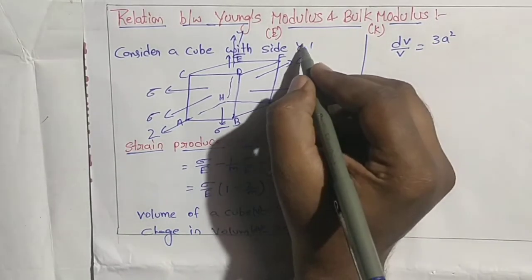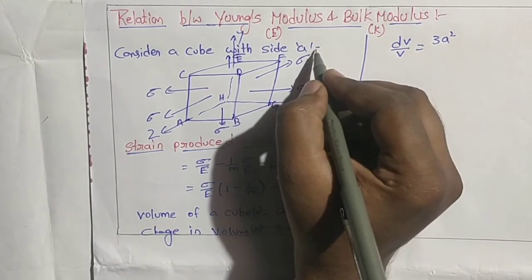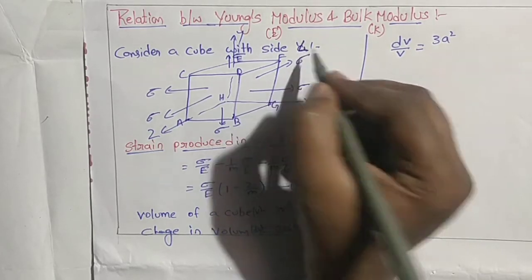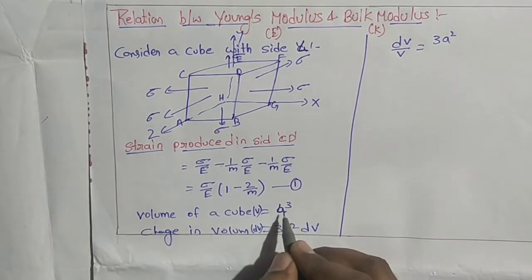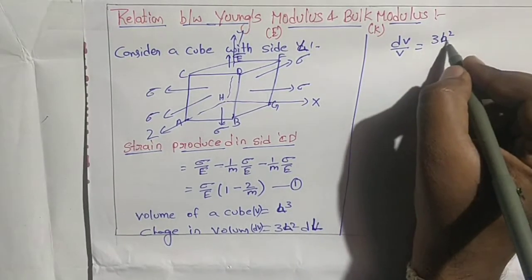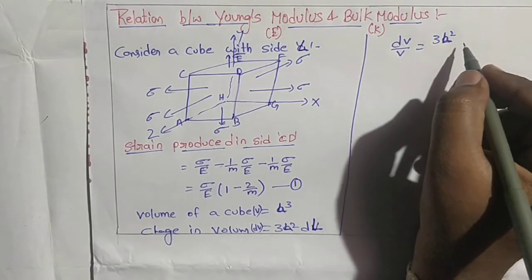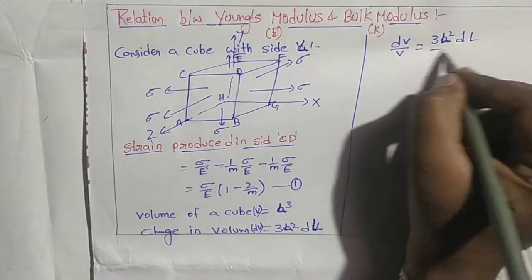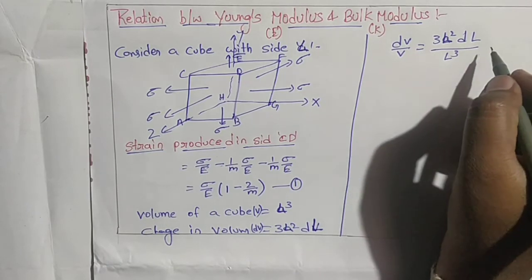Suppose the side a is replaced as L: 3L square dL by L cube.